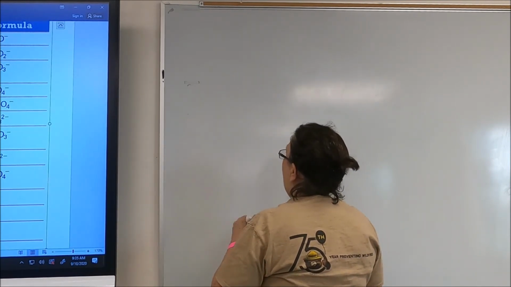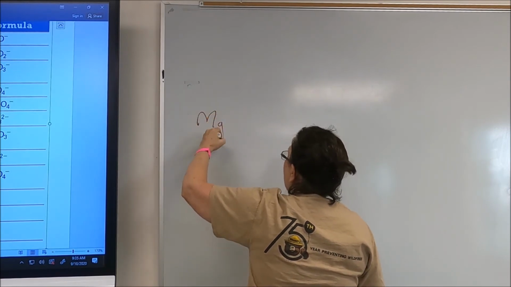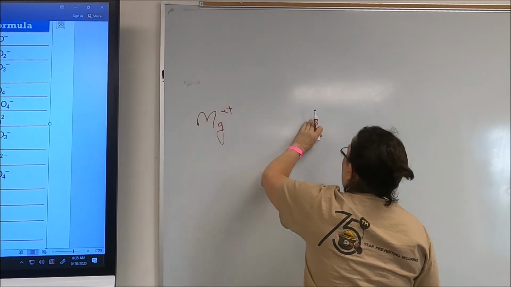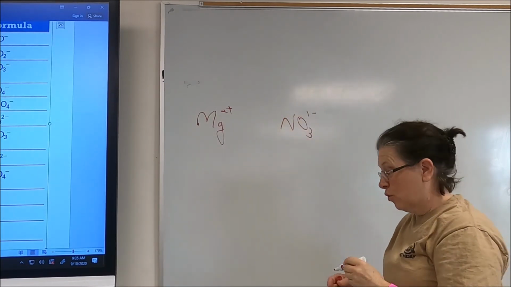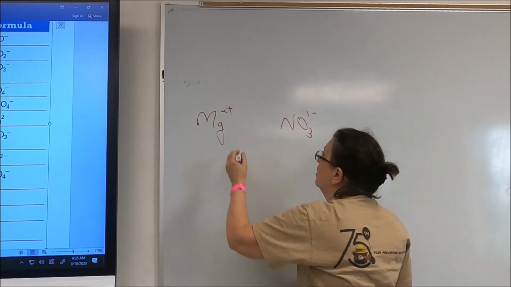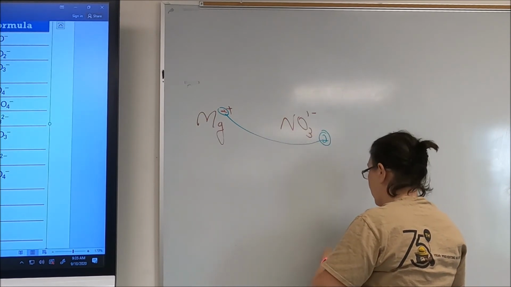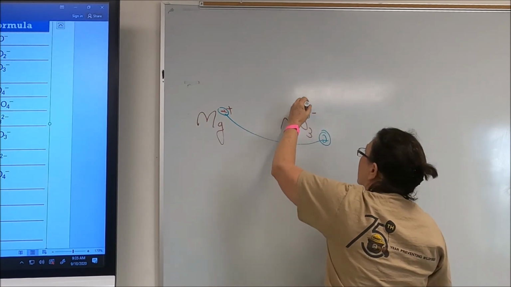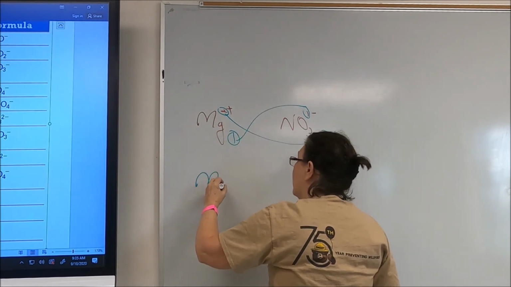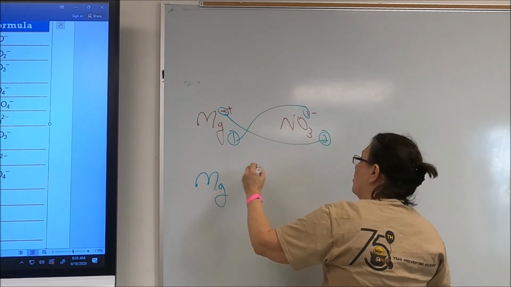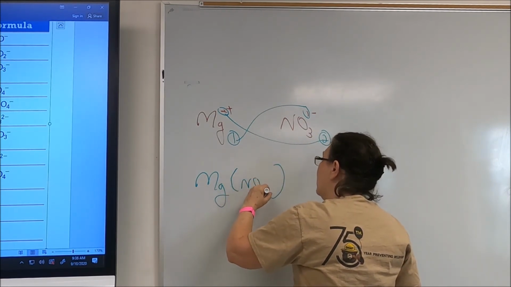So if I had magnesium, which is 2+, and I want to combine it with a nitrate ion that's 1-, crisscross works here too. I'm going to have 2 of the nitrates and 1 of the magnesium. So I'm going to go Mg, and because there's 2 of the nitrates, I'm going to put it in brackets, write the NO3.